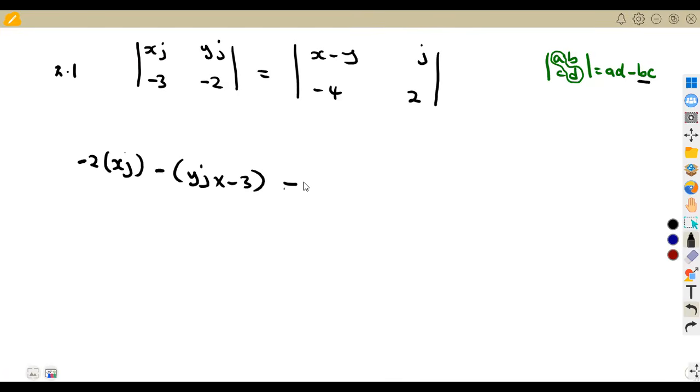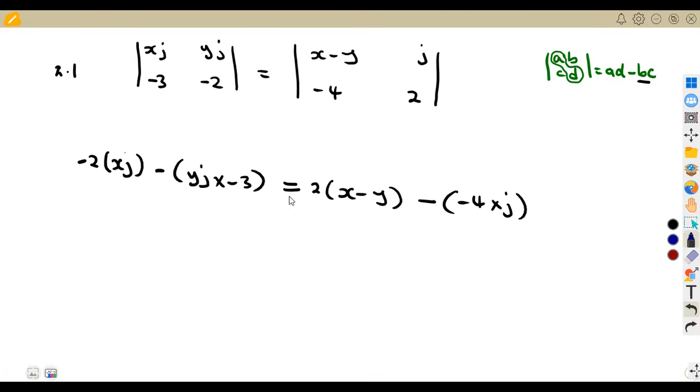This must be equal to the determinant of this part also. The major diagonal, you multiply them together. So that is 2 into (x minus y), minus, you multiply the remaining ones in the minor diagonal. The order does not matter, just multiply these two, which is minus 4 times j.